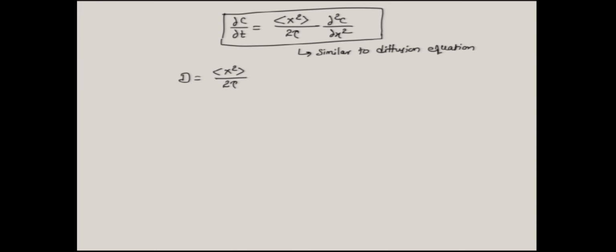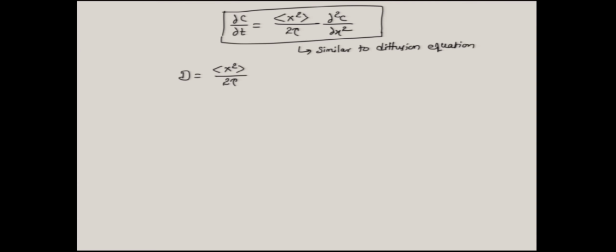for an isotropic cubic lattice the distribution is spreading isotropically, right, and we can write average of x square equal to average of y square equal to average of z square, right, and so we can write the mean square displacement, the average r square, as average of x square plus y square plus z square.